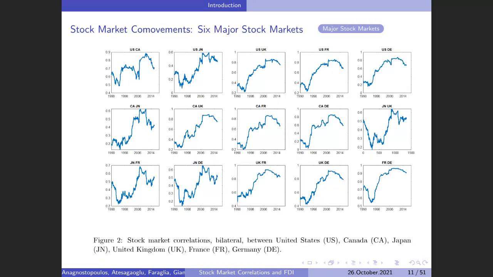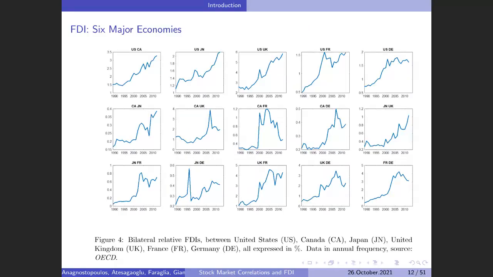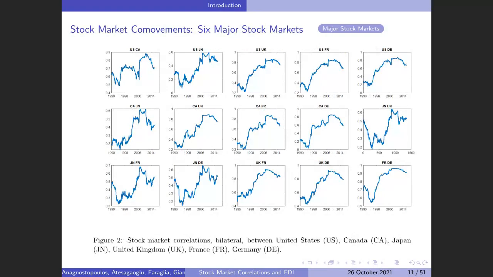Now, when we look at the FDI levels between these 6 major economies, because I showed you the stock market correlations between 6 major economies in the world, they follow the trend between the US and the rest of the world closely. What about FDI? We see a similar thing.